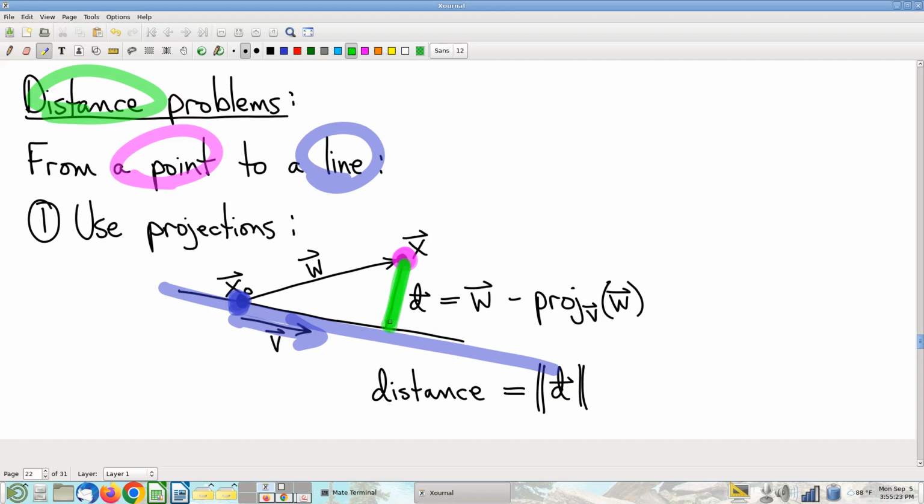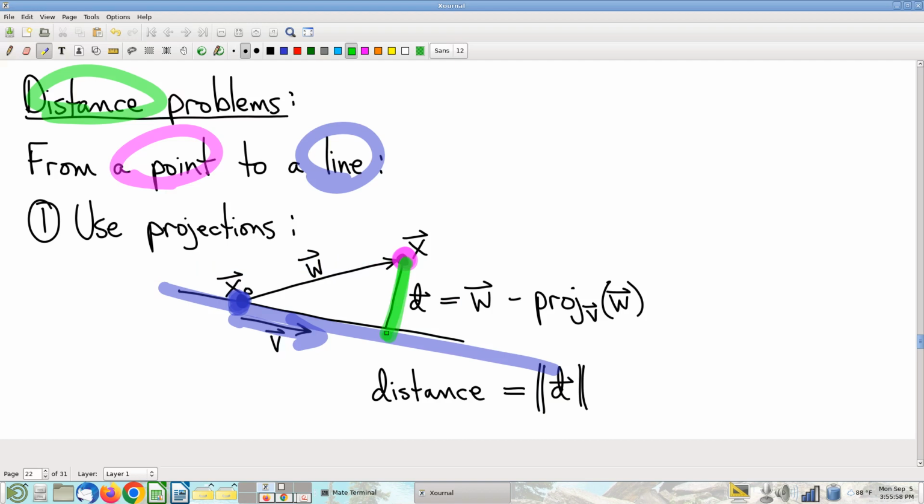Now, we should note for the record, why is that the distance? Why not this or that or that? There's lots of points on the line from which I could compute the distance to X. Well, if we made this the definition of the distance to the line, it'd be a pretty weird definition. If you're going to go from the point to the line, you say, how far are you away from the line? I think it makes sense to interpret that as what is the shortest possible distance.